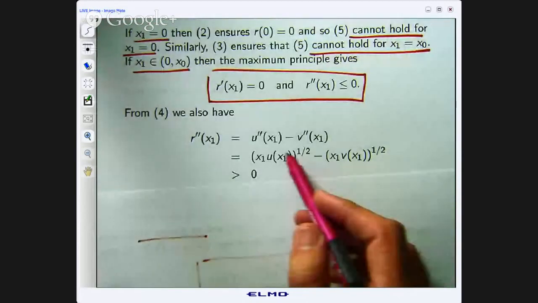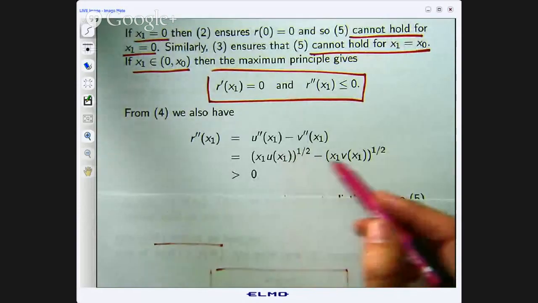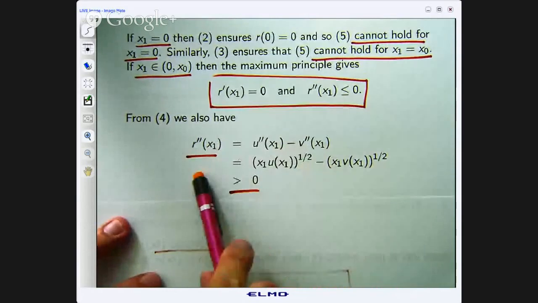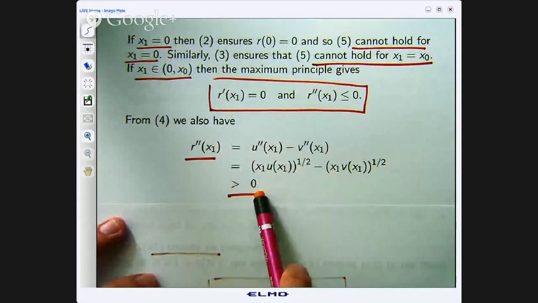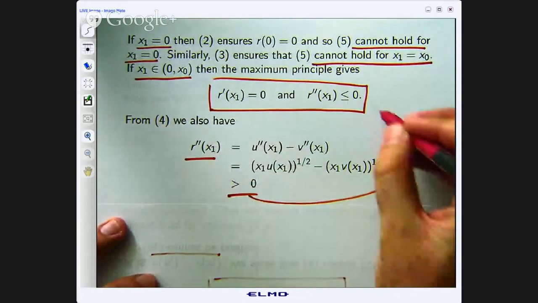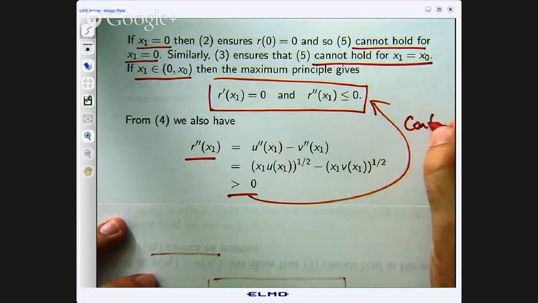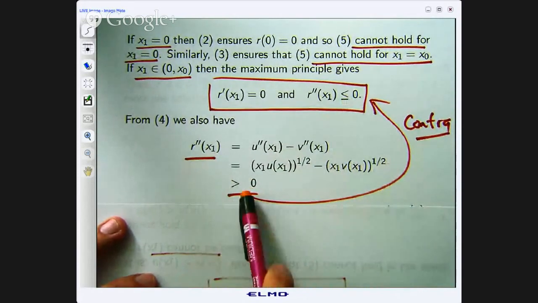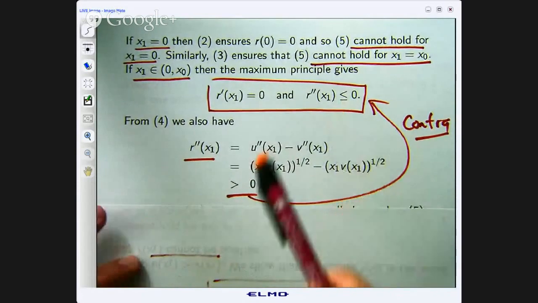So this has to be greater than this. So this is positive. So we get R double prime of x1 is greater than 0. But hang on, that contradicts this. So how can the second derivative be positive and non-positive?